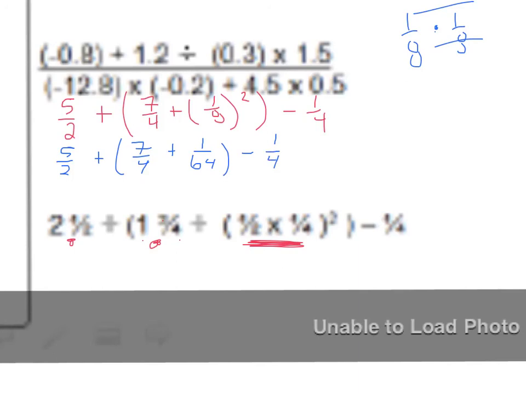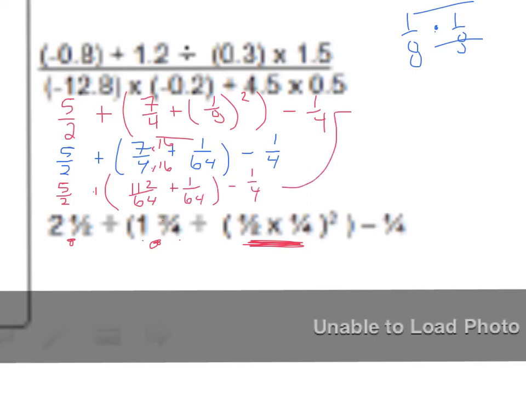Next step is I deal with what's in brackets first. Common denominator there is probably going to be 64. So I'm going to times 16 times 16. So I'm going to rewrite it as 5 over 2 plus 7 times 16 is 112 over 64 plus 1 over 64. Minus 1 over 4. I haven't changed that yet.